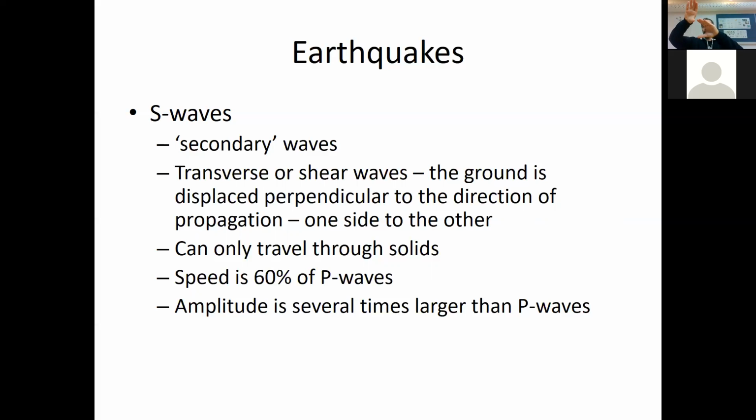But while it's up, it's going to pull the next bit up, and then it will go down. And now this bit is going to pull the next bit up and then go down. And so these are the secondary waves, transverse waves or shear waves, because everything is shaking in this direction, but the wave is propagating in the other direction, right?